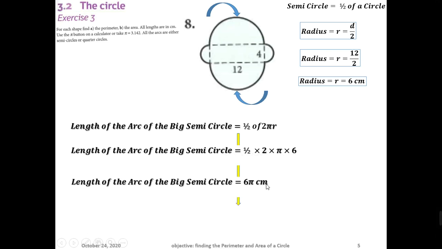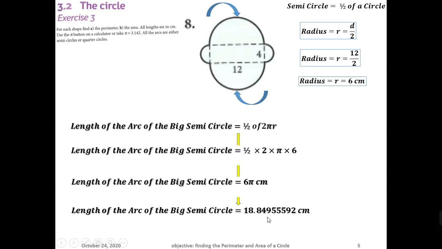And the length of the arc, or the circumference of a semicircle, is calculated in centimeter or meter or millimeter, depending on the question. Now write the answer as a decimal, and the answer correct to 3 significant figures is 18.8.